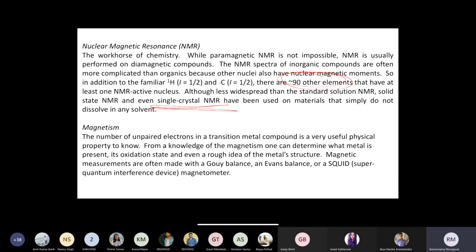For example, you can just mount one small single crystal, measure an NMR spectrum and then reduce the structure. And magnetism again is a technique which is essentially used to study paramagnetic species. Again, this will be touched upon by Professor Lagari. So is the next slide, which I will not really talk about.